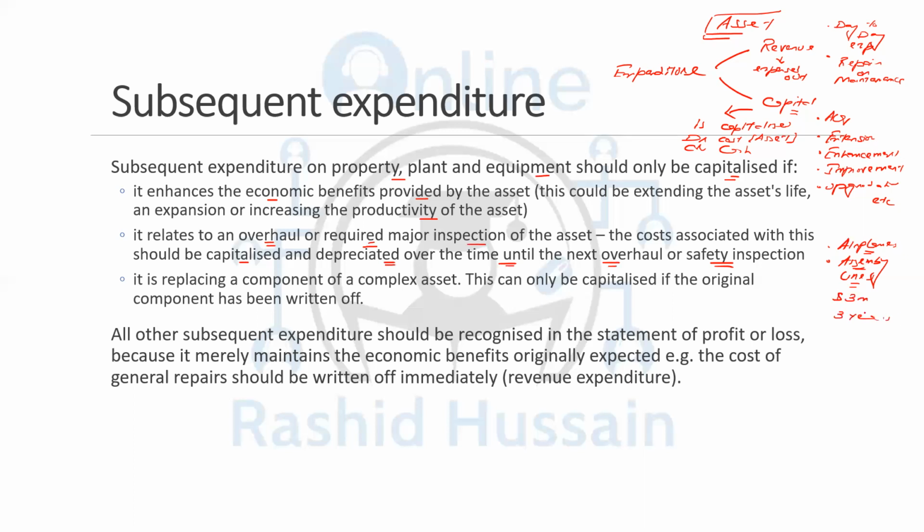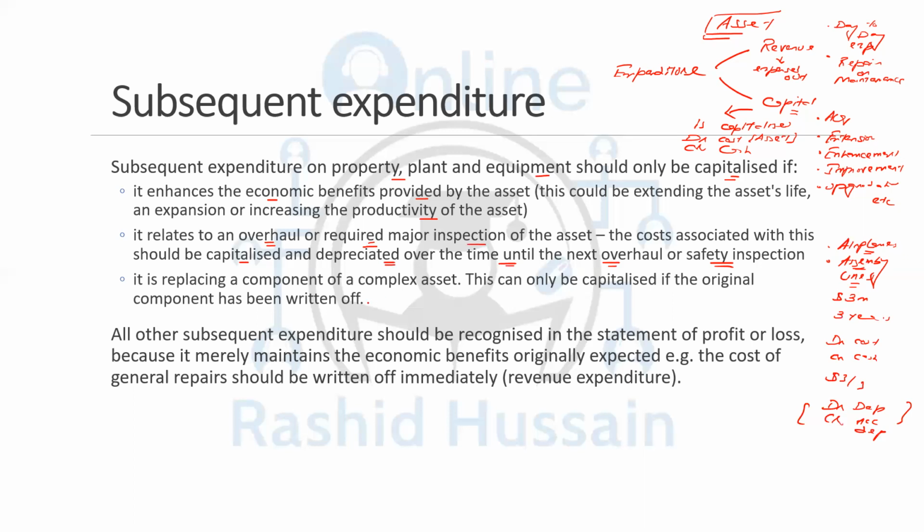So what you're going to do, initially you're going to capitalize this amount. The entry is going to be debit cost of the asset, credit cash, and then it is going to be depreciated, 3 divided by 3. Every year we're going to depreciate it. So debit depreciation and credit accumulated depreciation, which is the double entry to record the depreciation.